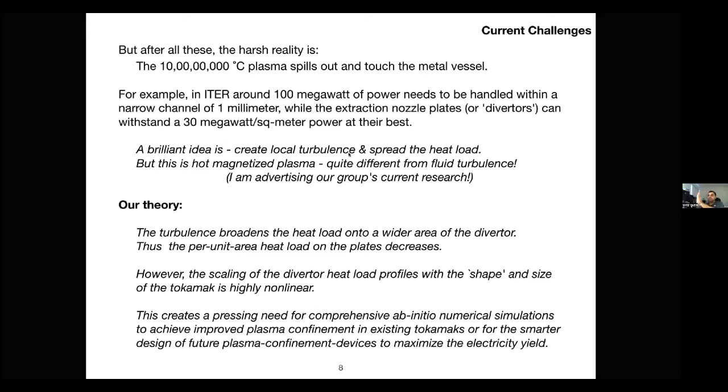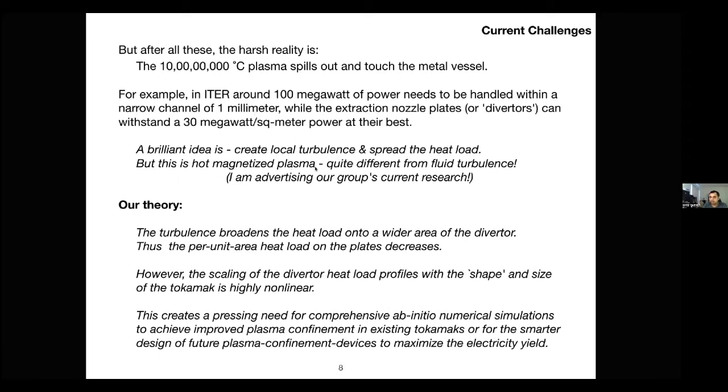When the plasma is spilling out from the closed surfaces, what we are proposing is to create a turbulence after it spills out, in the space between, so that when the plasma comes out and touches the metal vessel, it will not hit the vessel in 1 millimeter. We need to do something so that the plasma becomes more turbulent and spreads. Then when the plasma falls, the per unit area heat load will go down.